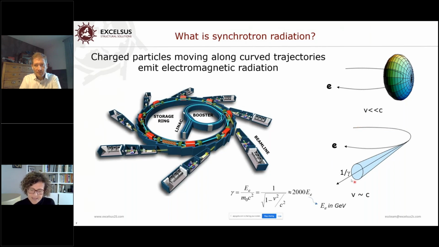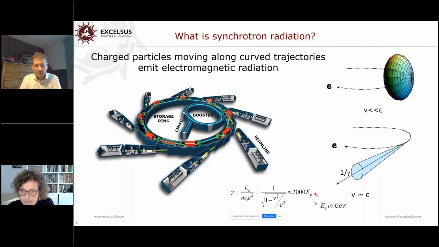The parameter that governs this directionality is the gamma parameter, which is the electron energy divided by the rest energy of the electron. Just to give you an example, this value is approximately 2000 times the energy of the electron in GeV.